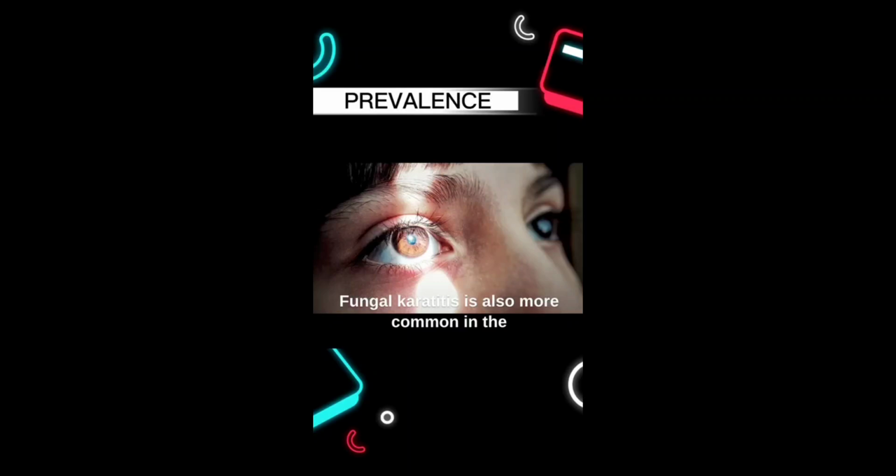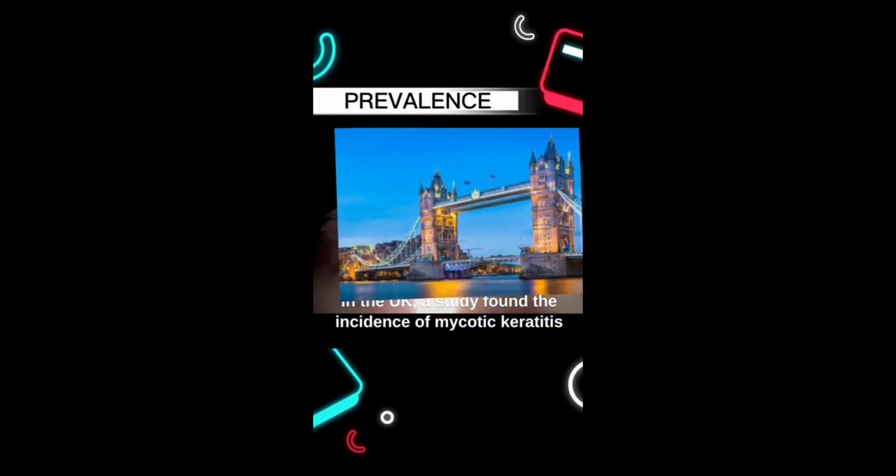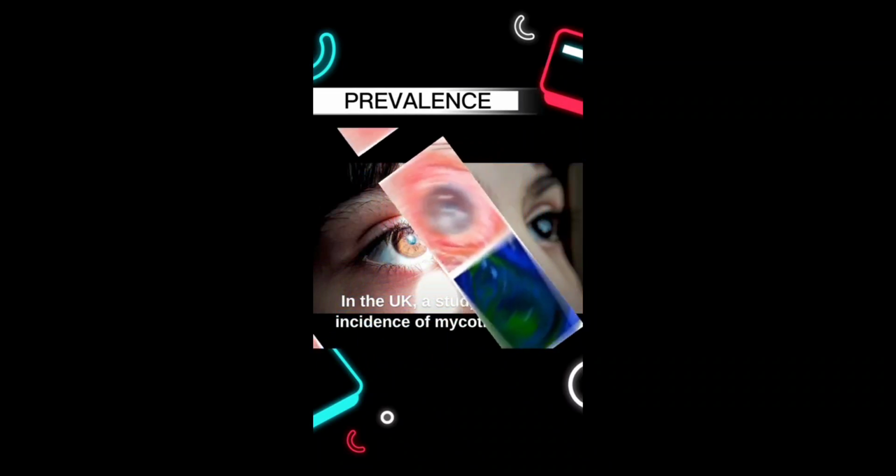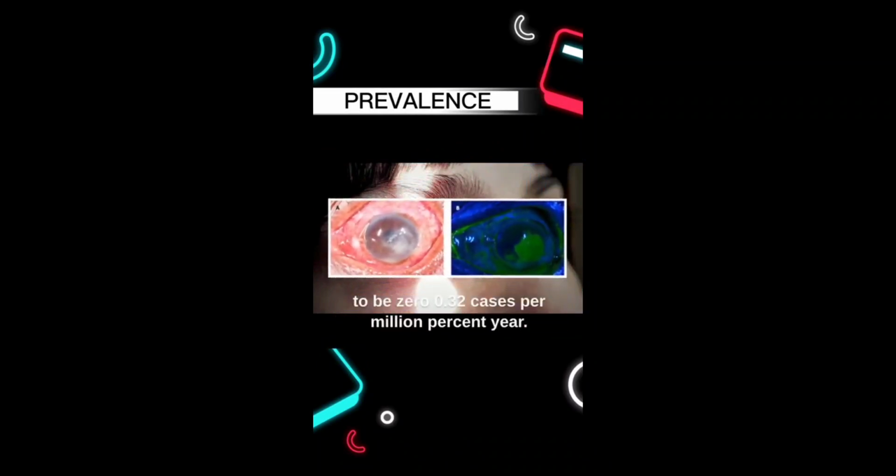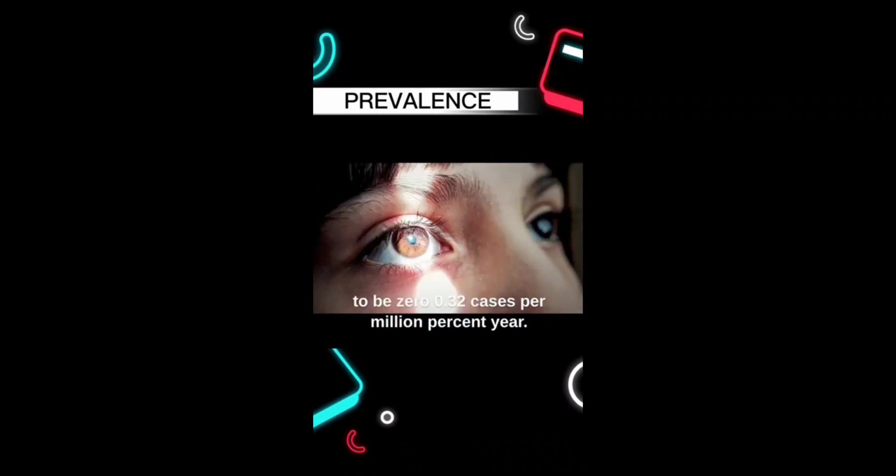Fungal keratitis is also more common in the developing world, and incidence varies widely with climate. In the UK, a study found the incidence of mycotic keratitis to be 0.32 cases per million person-years.